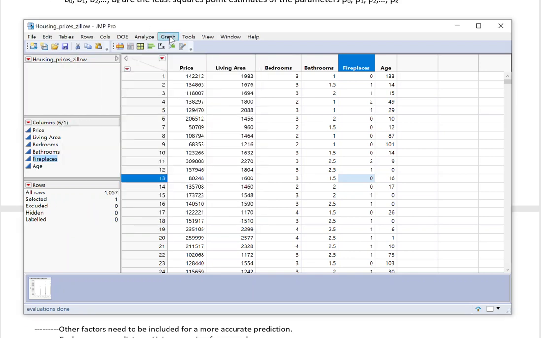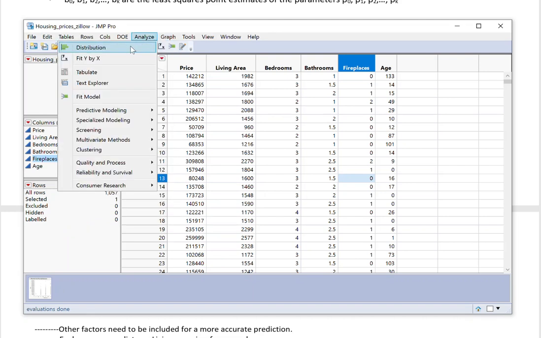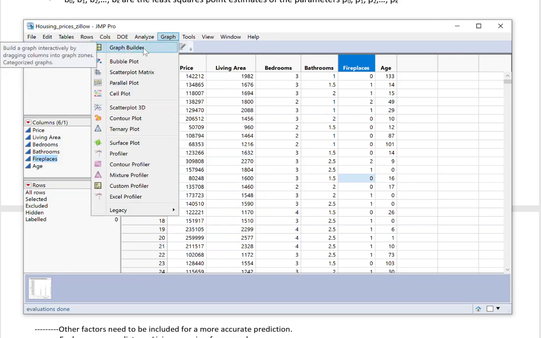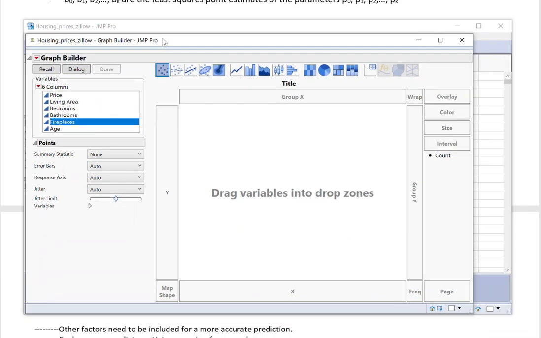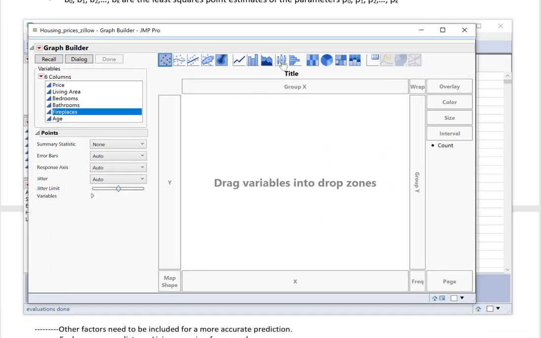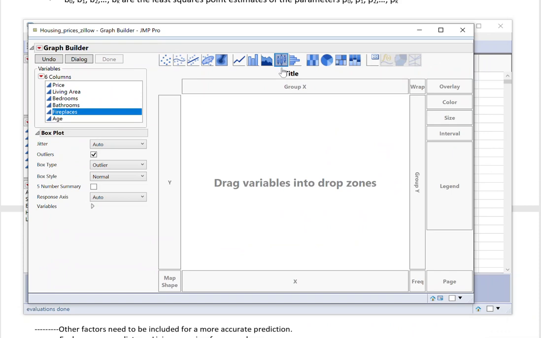To create the box plot, we click Graph and then use the Graph Builder. We choose the box plot, the type of plot we want, and then drag the variables into the drop zones.